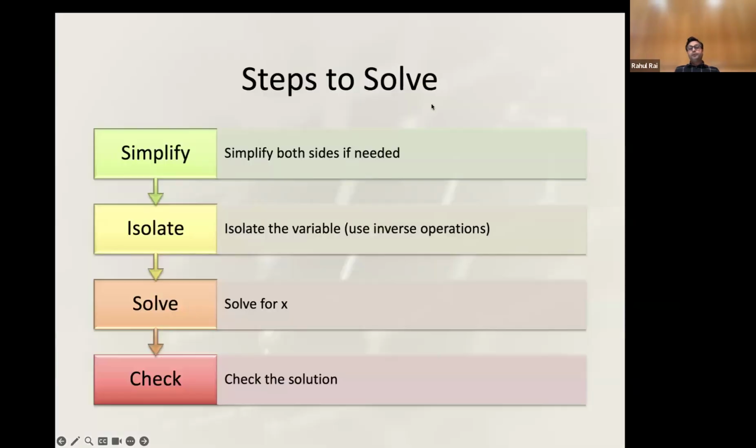Now, it's very simple to solve. As I said, it's probably the simplest topic. What you need to do is isolate the variable and solve for x. A key thing, especially in math topics, and that is also what we will emphasize in the cross-text connection topic that we discuss next week: whenever you find an answer, check the solution.